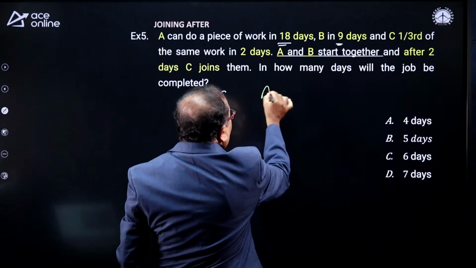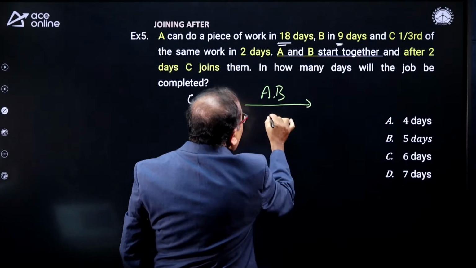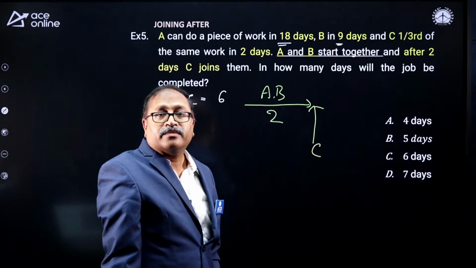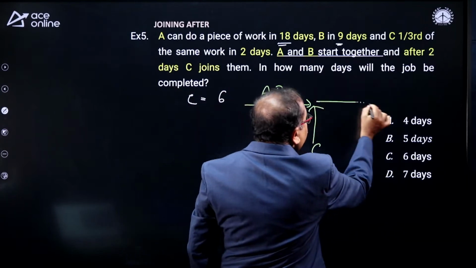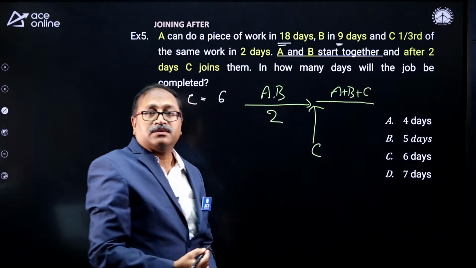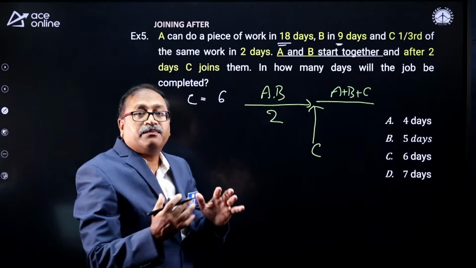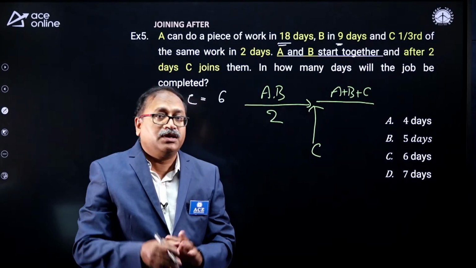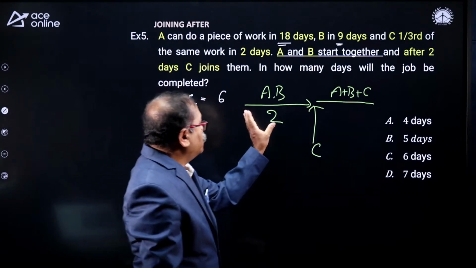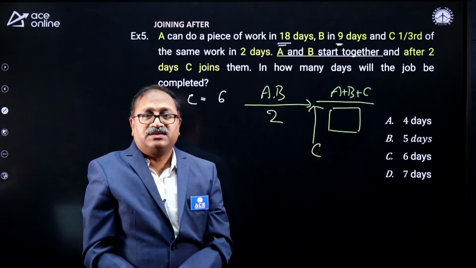The pattern of work goes this way: A and B together work for 2 days, and after that C joins. After C joins, the workforce is A plus B plus C. What is the question? In how many days will the job be completed? It didn't say in how many days the remaining work will be completed. It's the job that will be completed. So 2 days plus whatever number of days they take, the sum of this will be your answer.